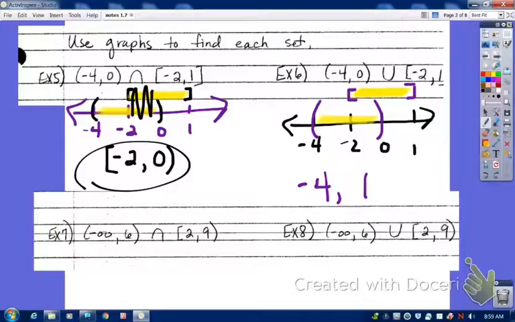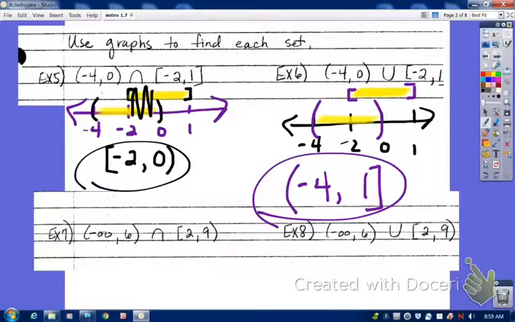Do we have -4? We don't have -4, okay? So it would be a parentheses, but do we have +1? Yes, so it would be a bracket. So your union between those two sets would be all the numbers between -4 and 1, not including -4, but including 1.